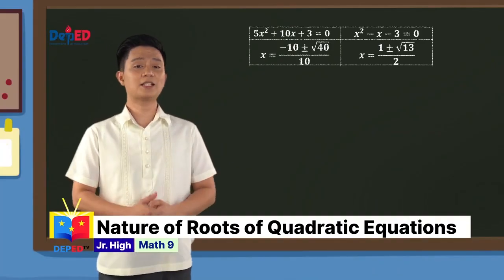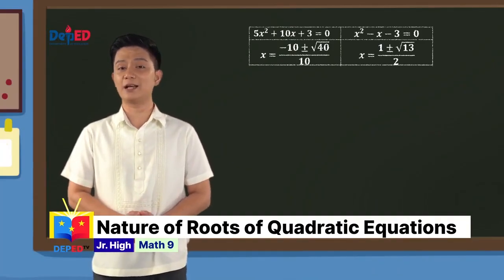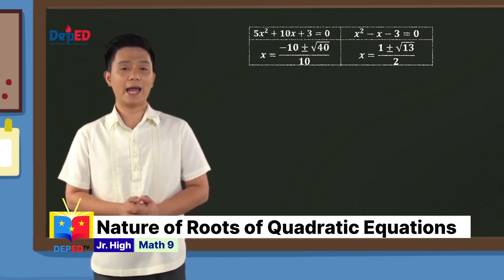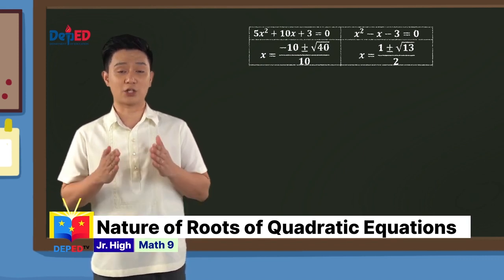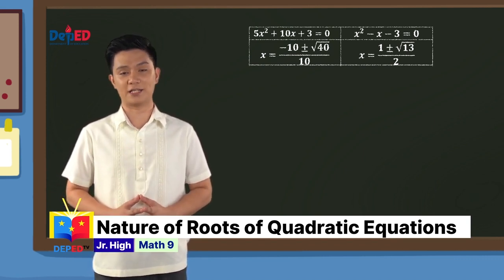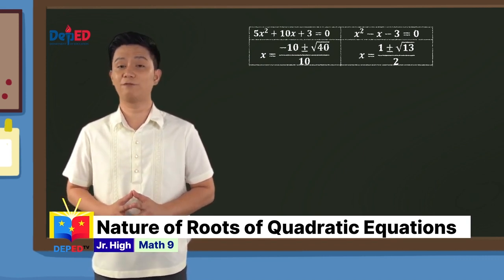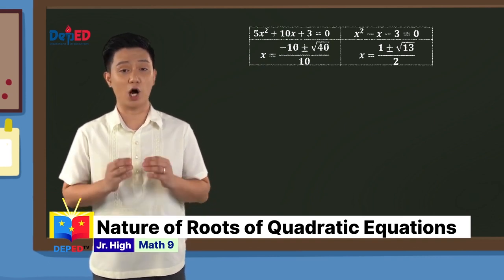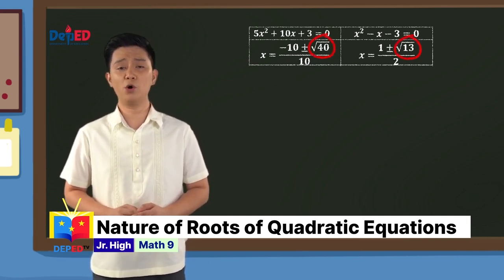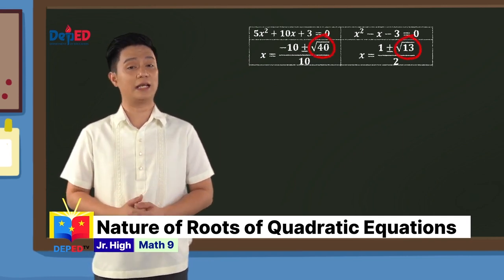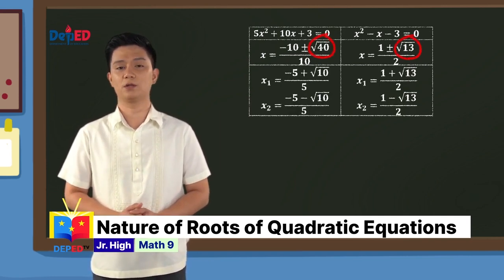Next, let us classify the discriminant of each equation in this pair and its influence on the nature of roots. Again, the discriminant is the value of the expression b squared minus 4ac that appears under the radical sign. 40 and 13 are both positive, but they are not perfect squares.